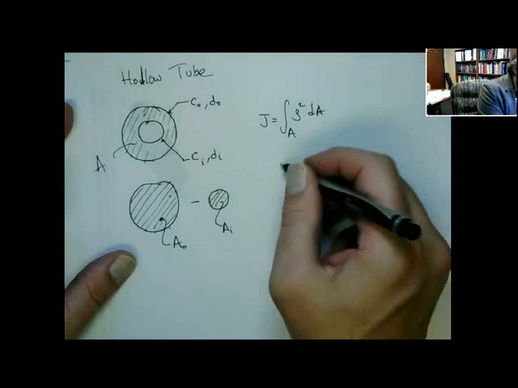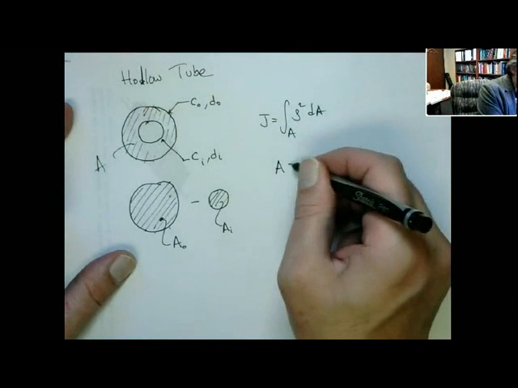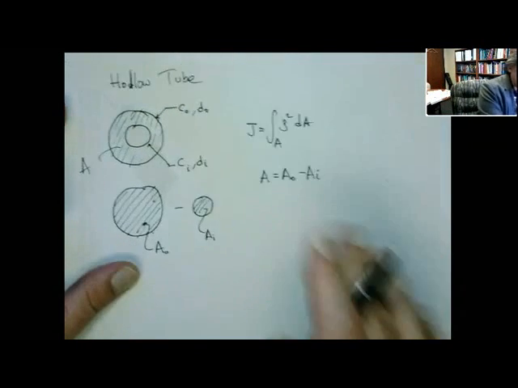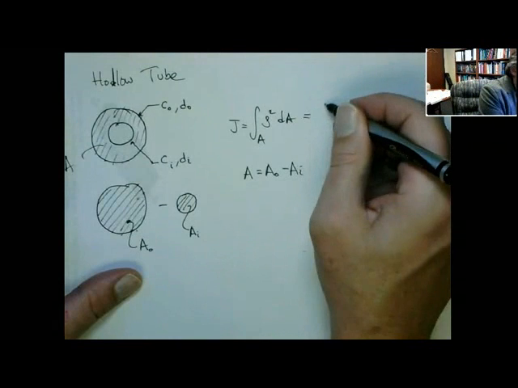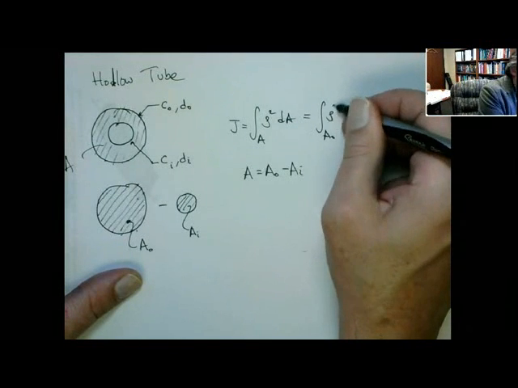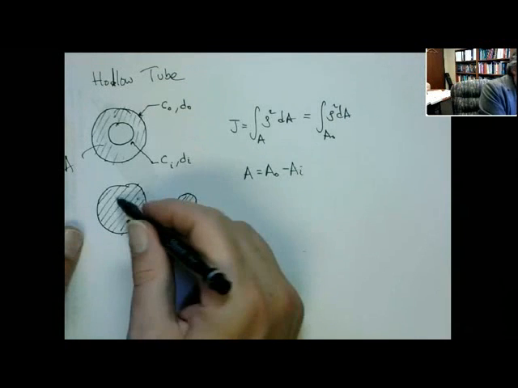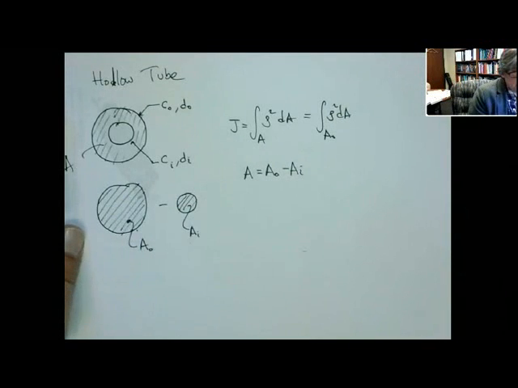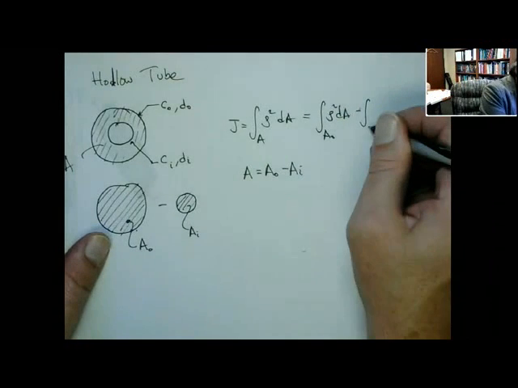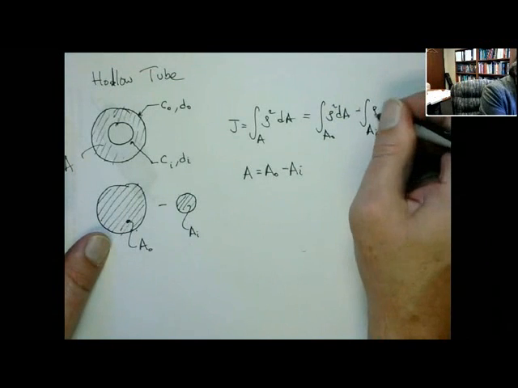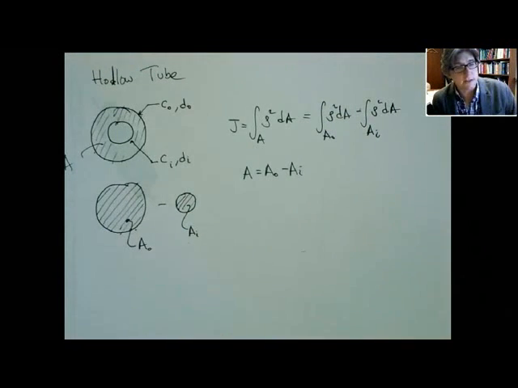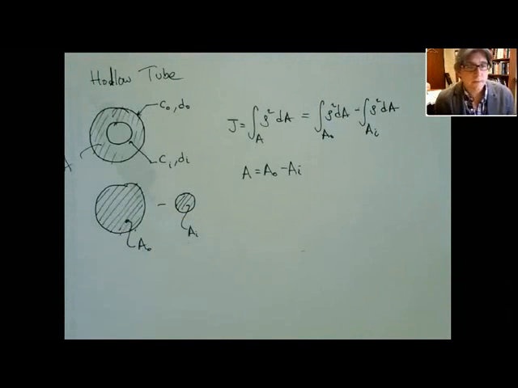The area I can write as the outer area minus the inner area. So this is the same as forming the integral over the outer area, as if I got J for this outer shape, minus the integral for the inner area. I just broke it up here, but I put a minus sign in because this is actually negative.